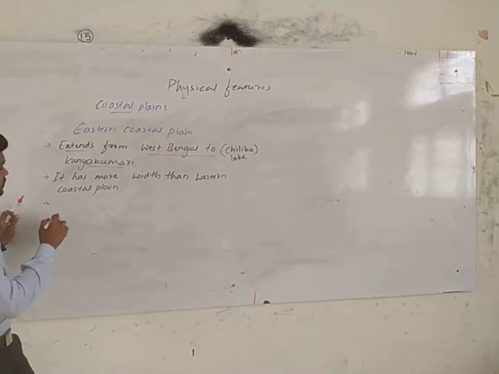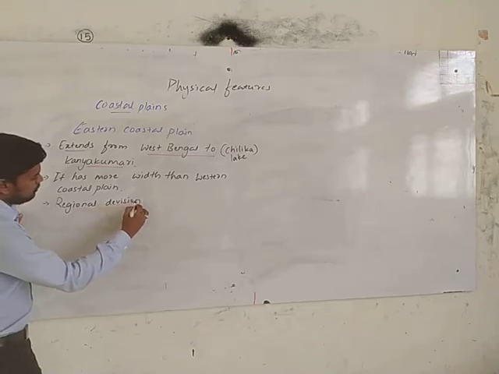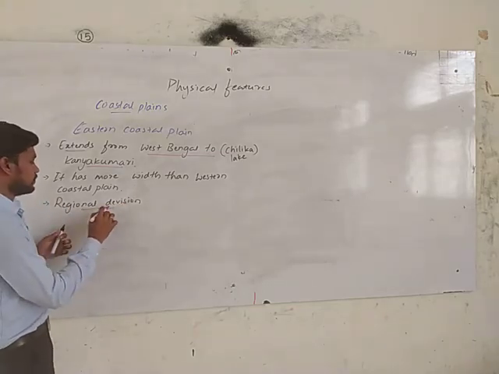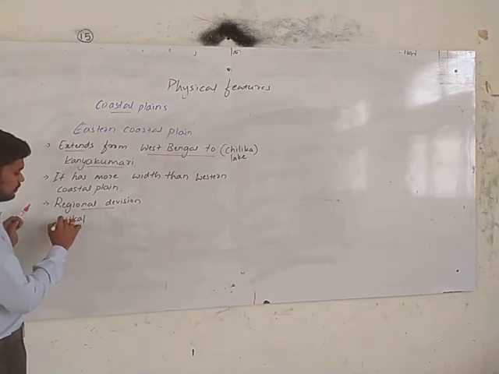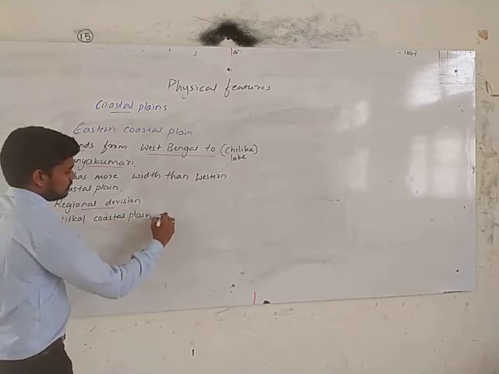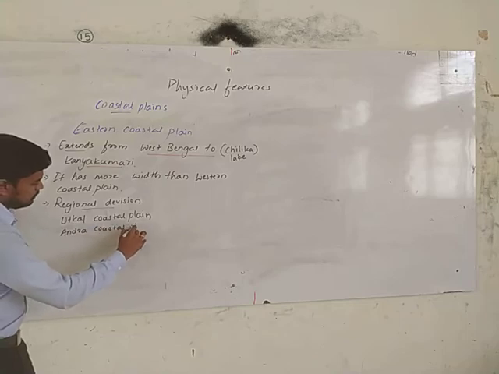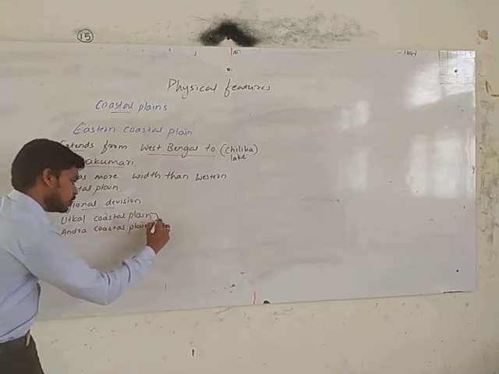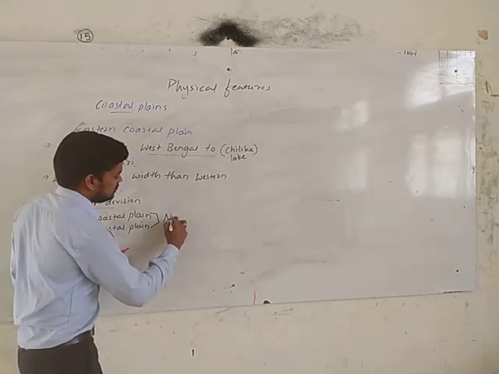Okay, the regional divisions. Both the Utkal and Andhra coastal plains are also called the Northern Circars.